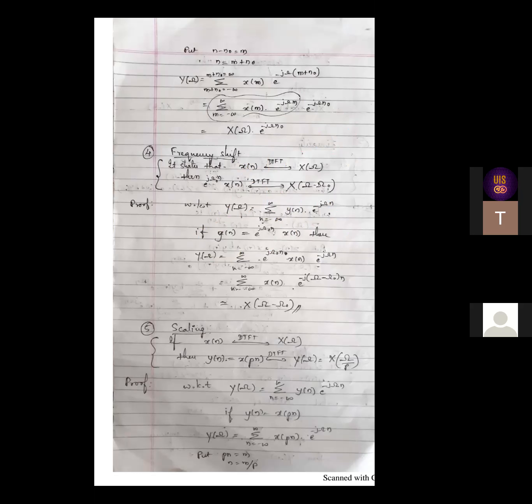If you just see, this is a relationship between these input sequence and the Fourier transform. n is your time value, this is your time domain, this is your frequency domain. So just now we have seen this time shift property where n was getting shifted by n naught times. Now we will see the frequency shift, RHS side, where omega is getting shifted by some amount of frequency.